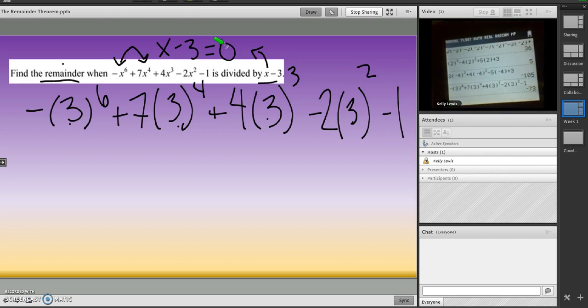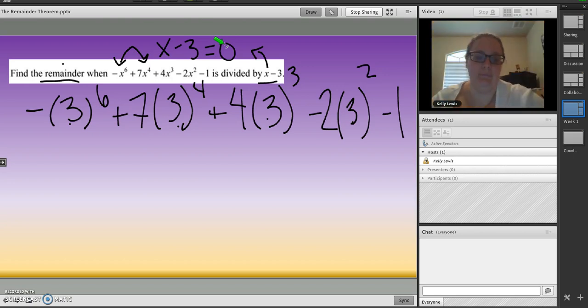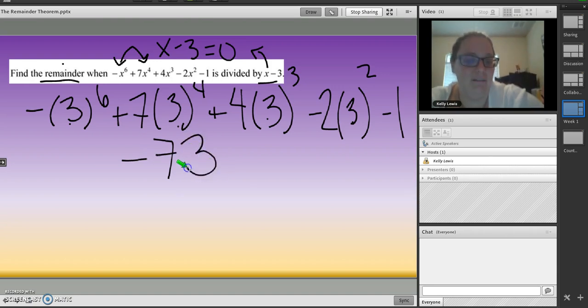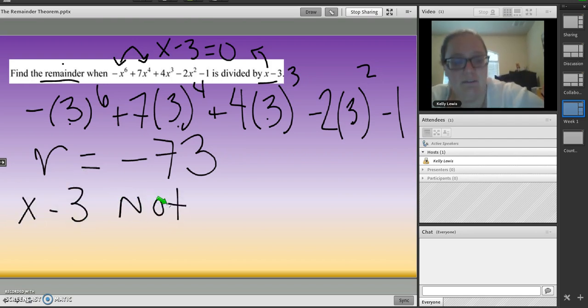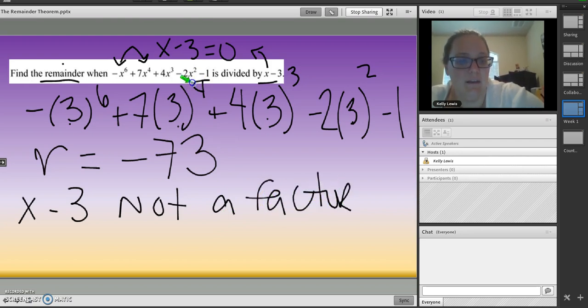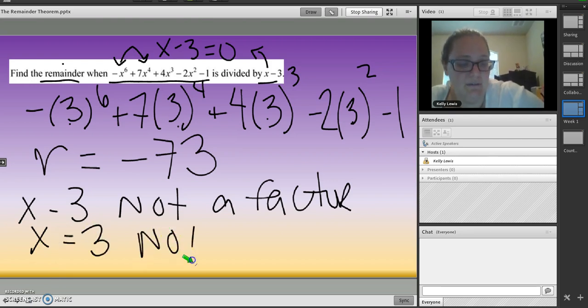I get negative 73. So the remainder is negative 73. And so that means that x minus 3 is not a factor of this guy. And that means that x equals positive 3 is not a 0.